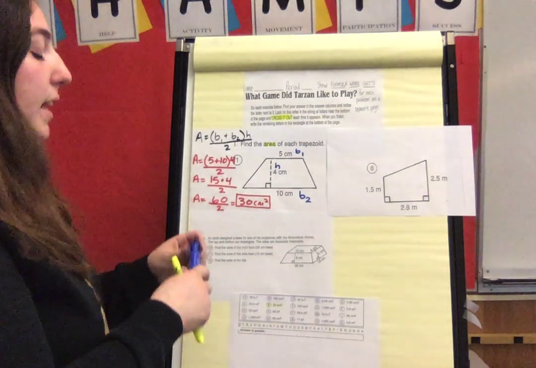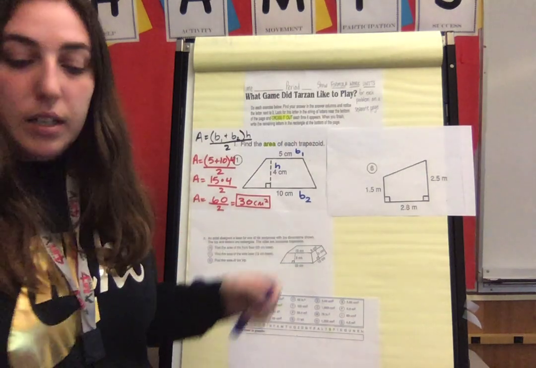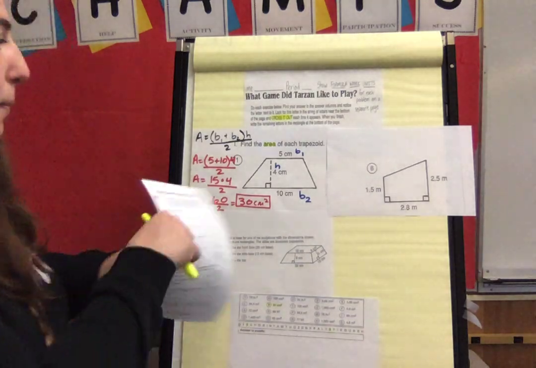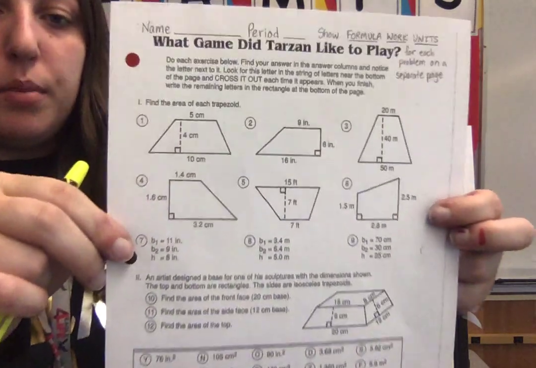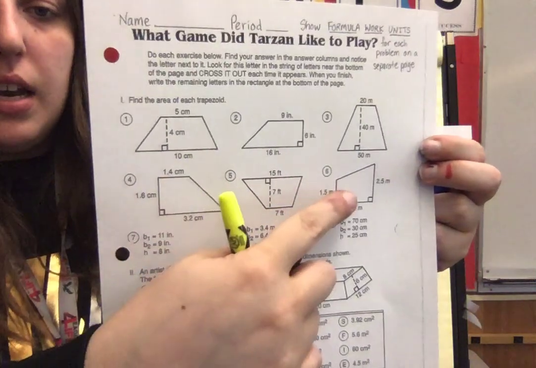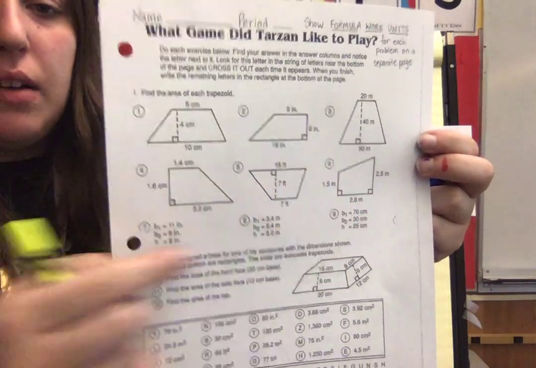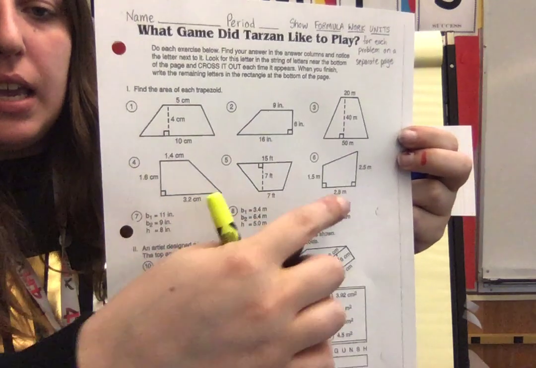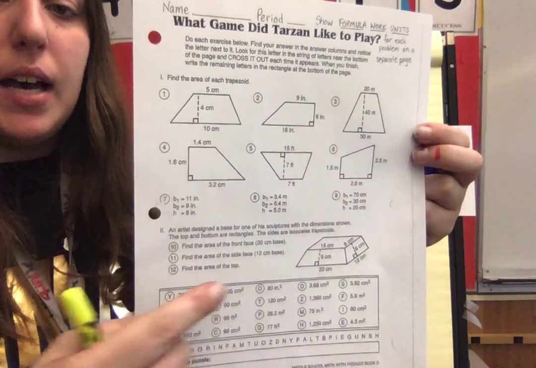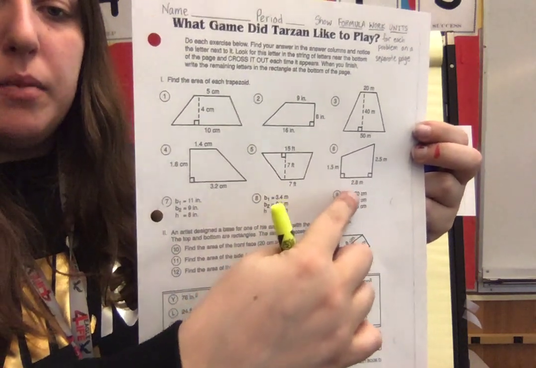With number 6, notice on your paper, okay, number 6 is right here on the side. Do you see how it's kind of upside down? Okay, we have 2 bases and we have a height, but this time the height is on the bottom here.